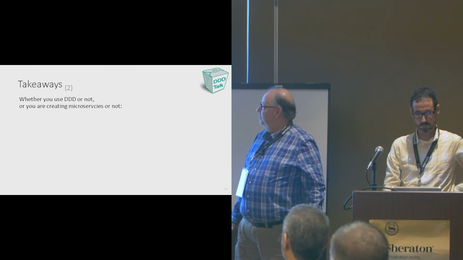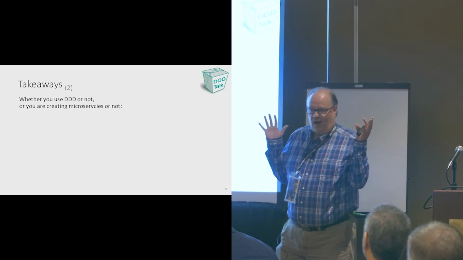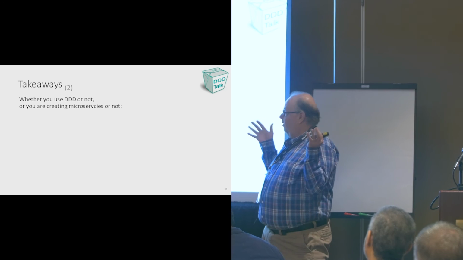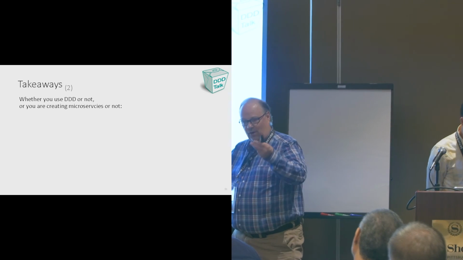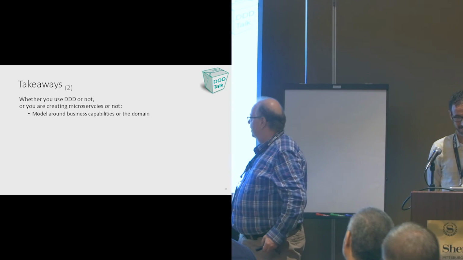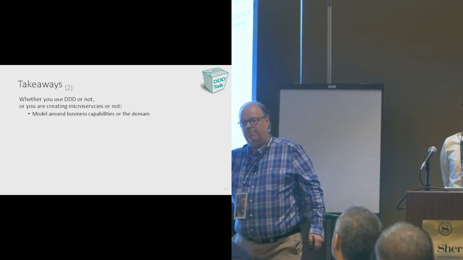And then finally, I don't care whether you use DDD or not, or whether you're creating microservices or not. It's all about trying to do the right thing, which is to model around the business capabilities of the domain.